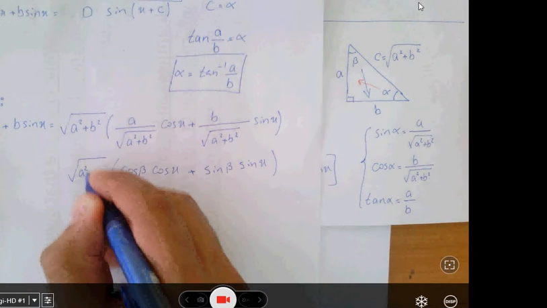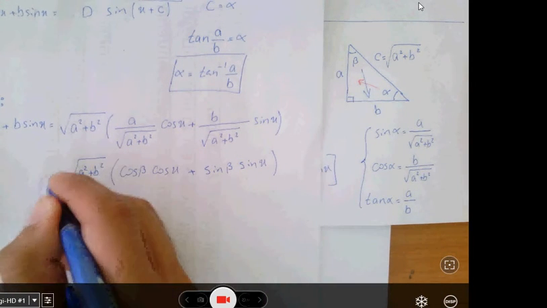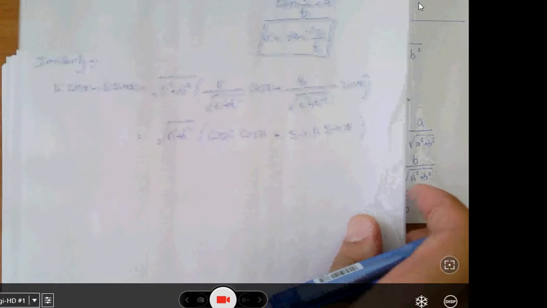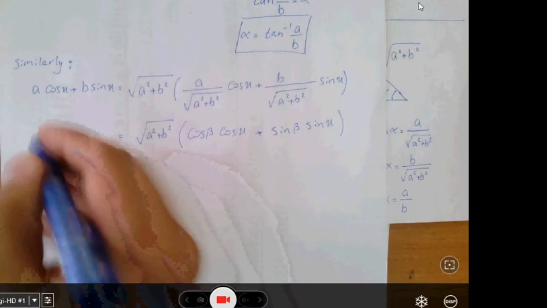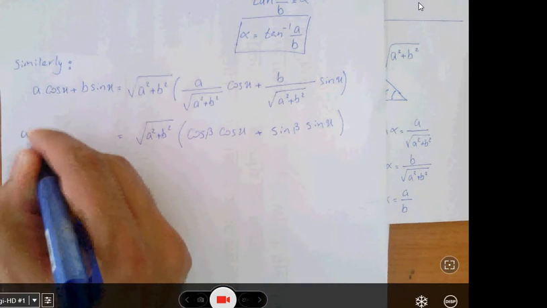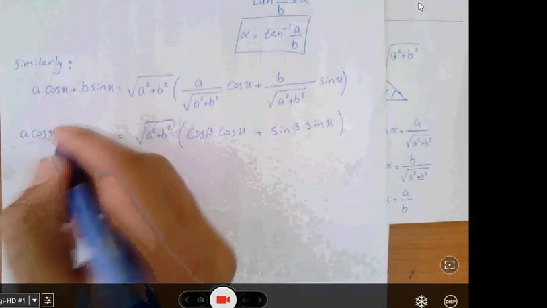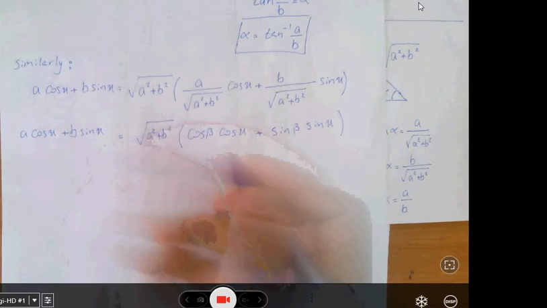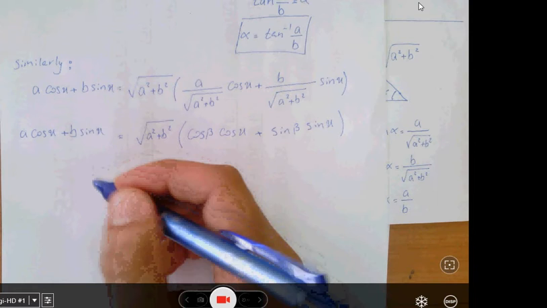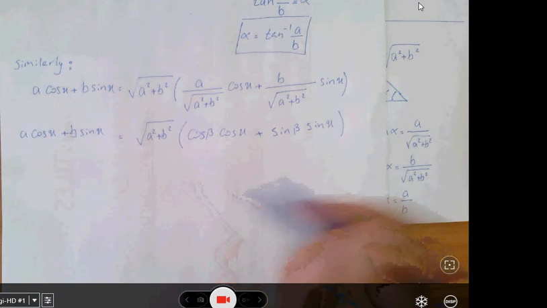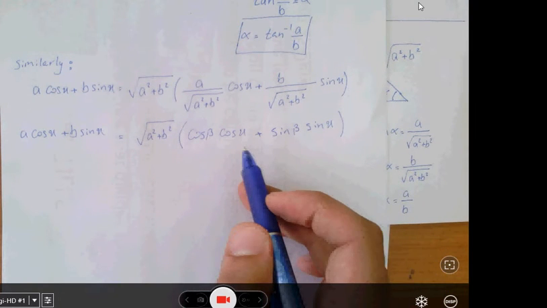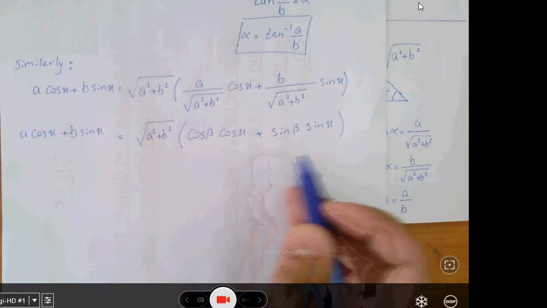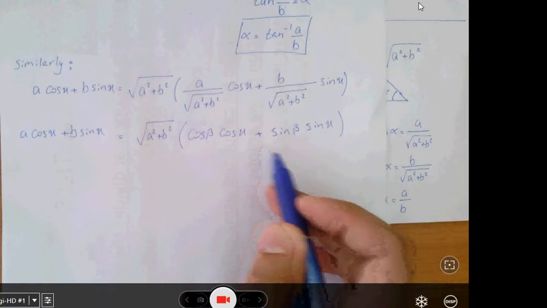I'm going to leave them in there. And we have another beautiful equation, cosine of x plus b sine of x equals this little thing here. Once again, does that look familiar to you? Yes, the cos. This is the cos, right?